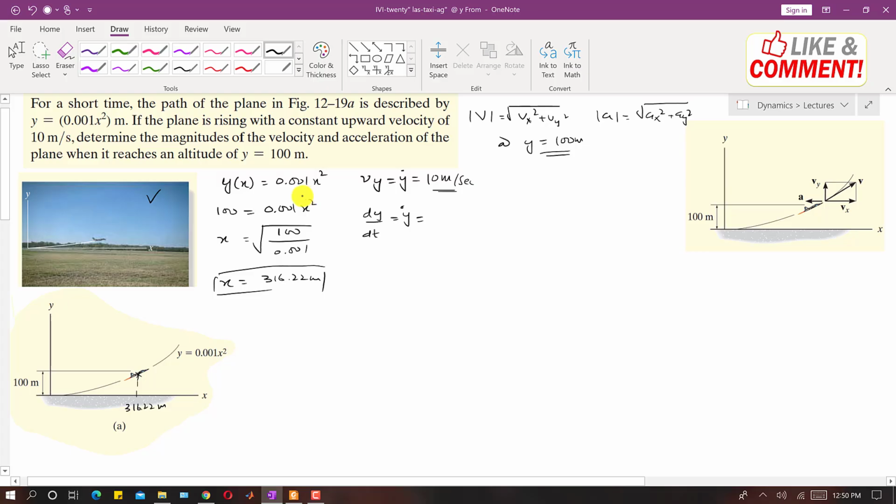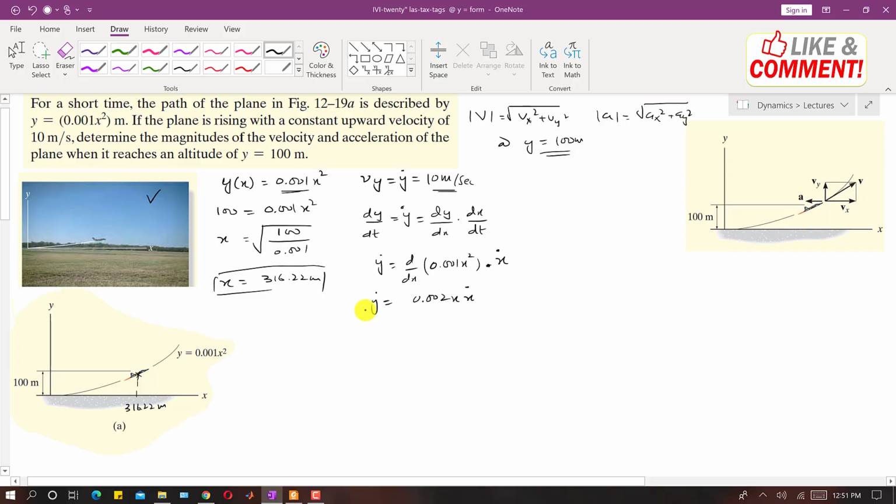First we take the derivative with respect to x, so this will be dy/dx, and then the derivative of x with respect to t, so the dx cancels out and we are left with dy/dt. So y dot equals d/dx of 0.001 x squared, into dx/dt. dx/dt is x dot, so if we take the derivative, this will be 2 into 0.001, so y dot equals 0.002 x times x dot.